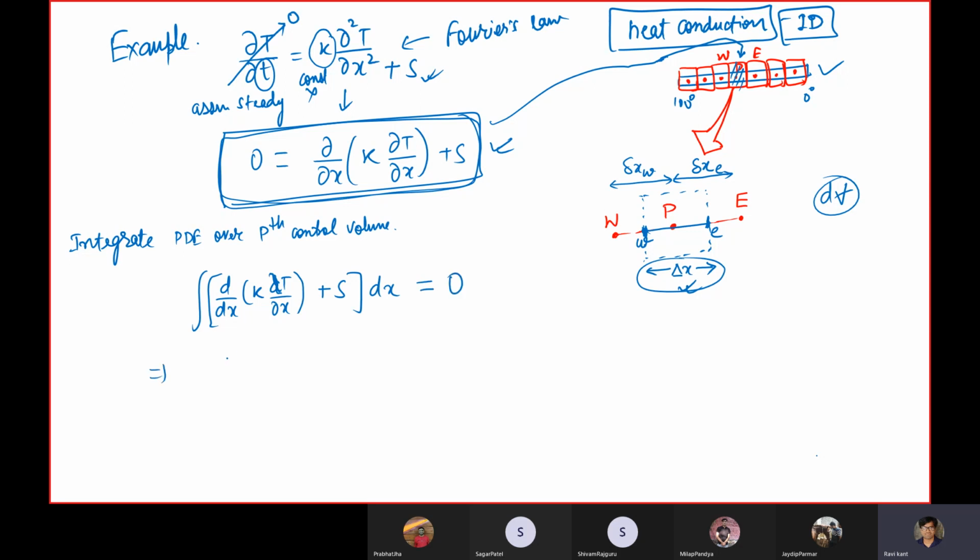Now we can write this separately, integrated from west face to east face. This is my domain, so I write west face to east face. So we integrate d by dx of k dT by dx from west face to east face, plus the integral of S dx from west face to east face, equal to 0.